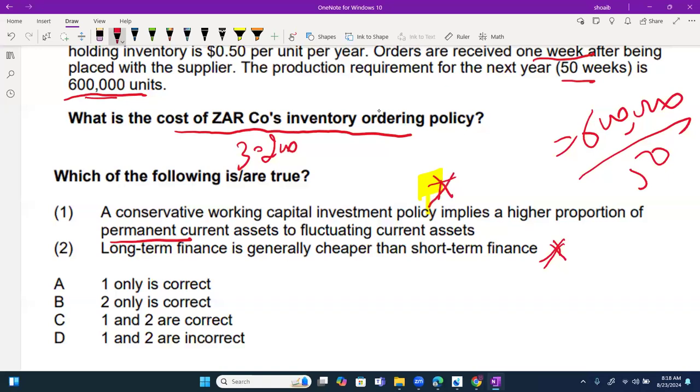So that's why both are false. This word is important. Although it looks correct, even if this word is not given, this is a correct statement. But the conservative policy will guide us that we should hold higher proportion of current assets, not differentiating which current assets, permanent or fluctuating. So because of the word permanent, it is incorrect.